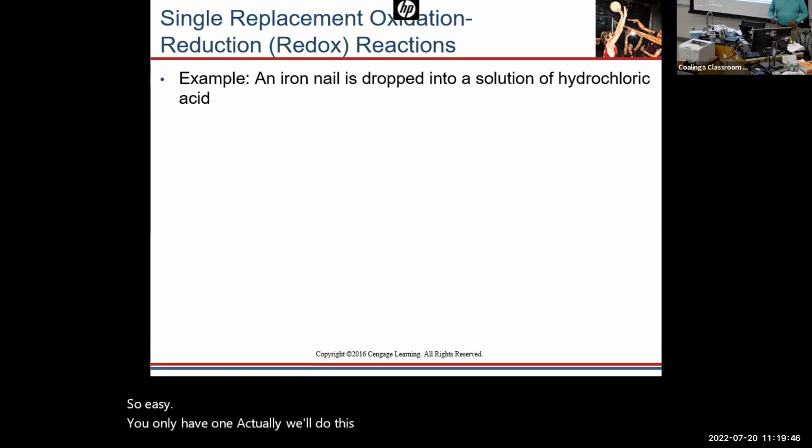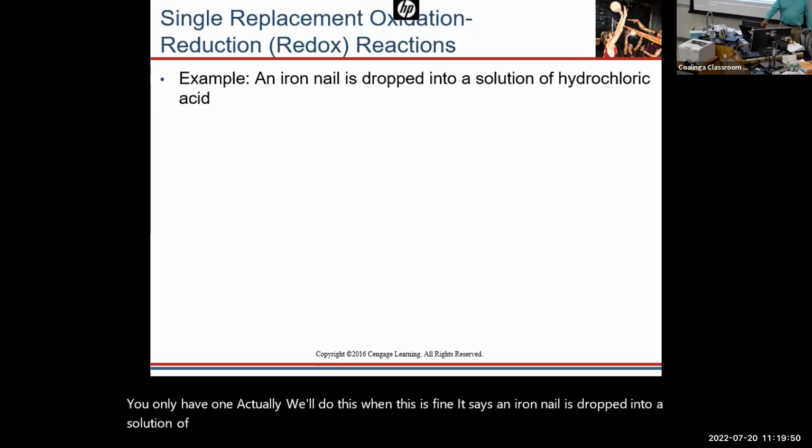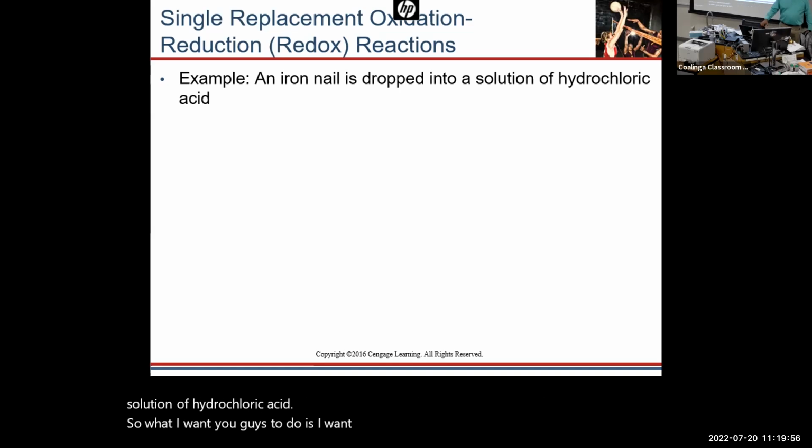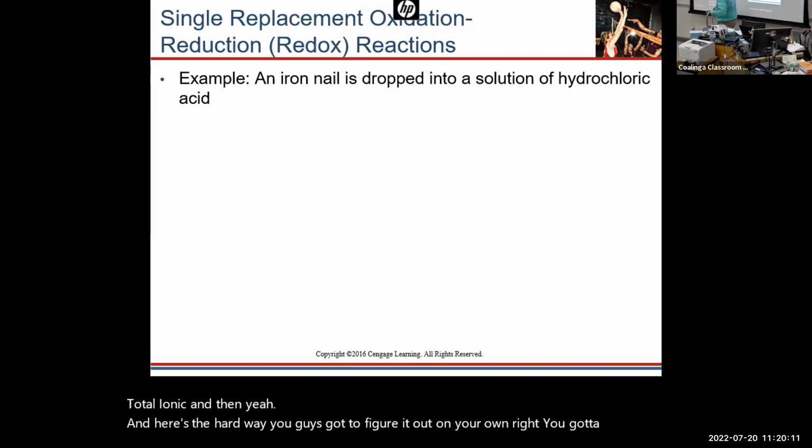This is fine. It says an iron nail is dropped into a solution of hydrochloric acid. So what I want you guys to do is write the conventional equation. Then I want you to write the total ionic. And here's the hard one, you got to figure out the products on your own.